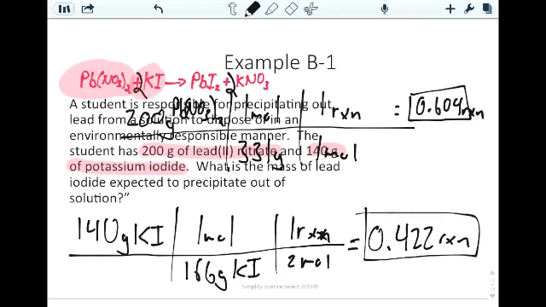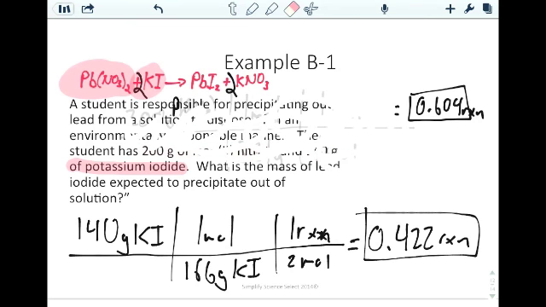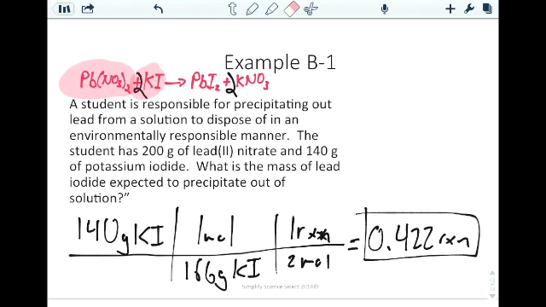So that's what we're going to start with when we're trying to find our product. So we don't even need this portion right here, because all we're looking at is just the product produced. So that 0.422, that's what we're going to start with when we're trying to find the mass of our product. So we'll start with that number.